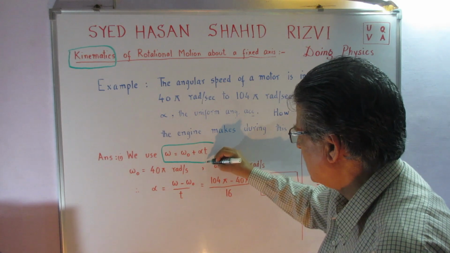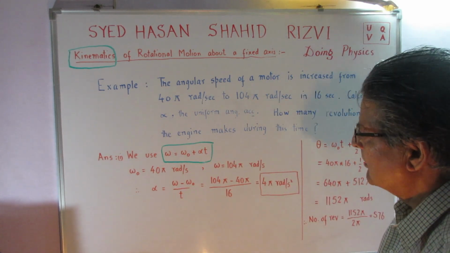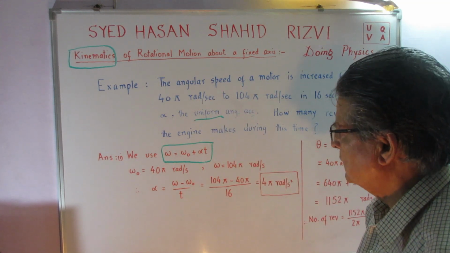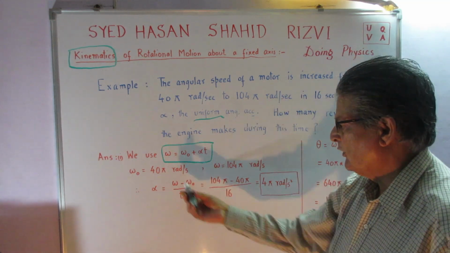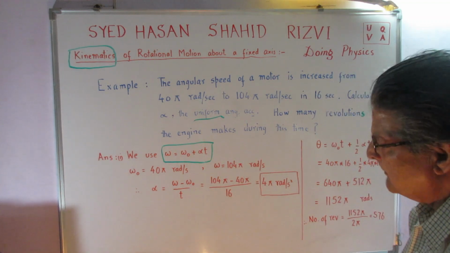Omega is equal to omega naught plus alpha t, where alpha is a constant. We have written for constant, we have written the term uniform. So we use this, where omega naught is equal to 40 pi radians per second and omega is equal to 104 pi radians per second.